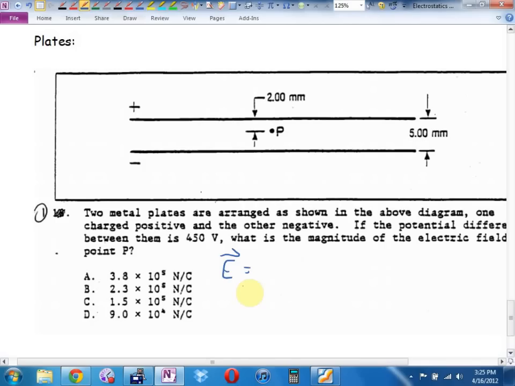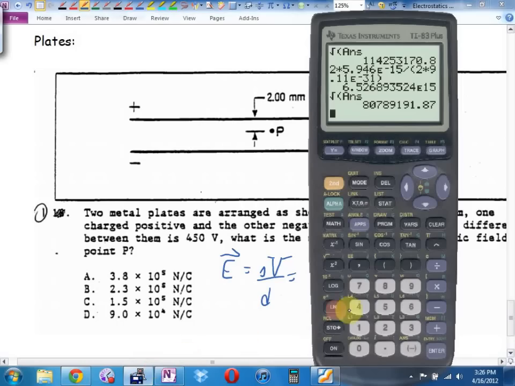Electric field is change in voltage divided by distance. What's the change in voltage? 450. What's the distance? Not that distance, the total distance. First of all, let's put the 5 millimeters, which is 0.005 meters. What's the answer?